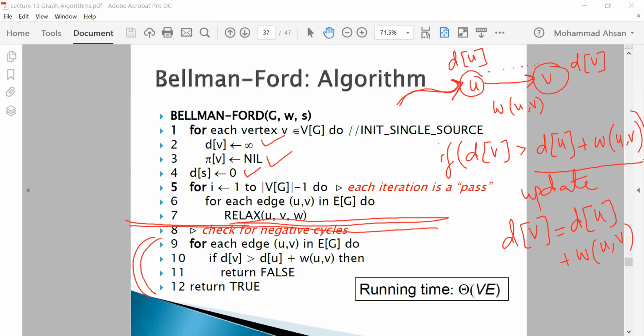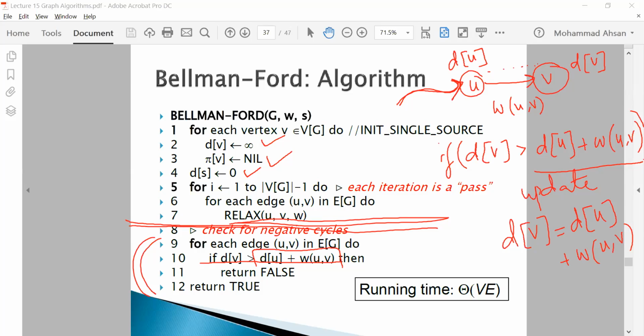Now, after that, I'm checking once more. After doing an exhaustive relax, for every edge uv belonging to the edges of the graph, if for any vertex you find that the distance of that vertex is greater, that means you can still update it again, which means there is a negative cycle in the graph.